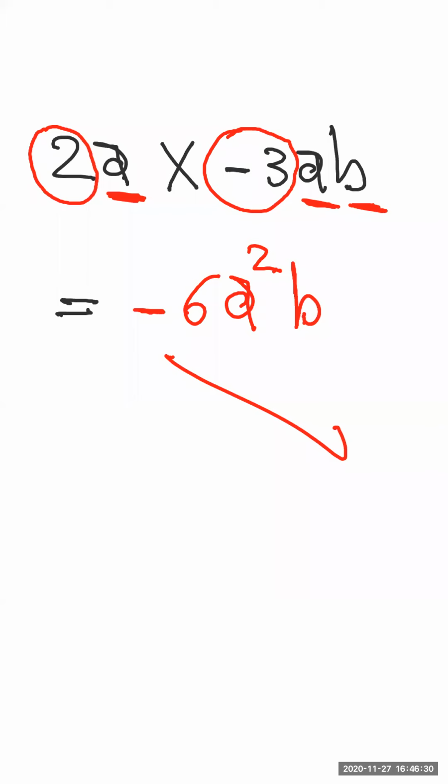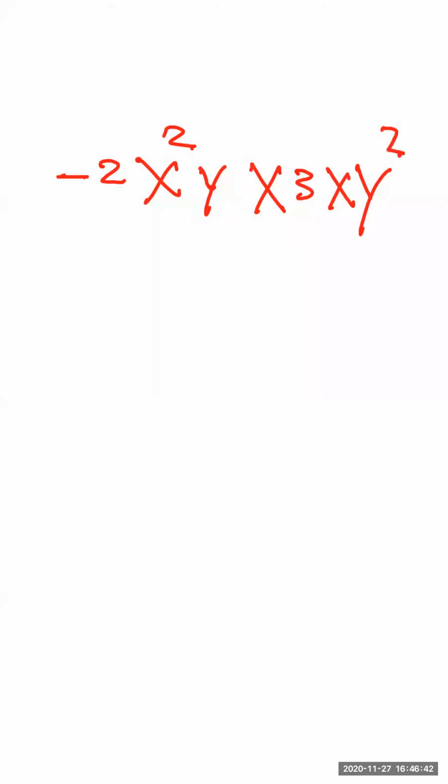Then the next question will be negative 2x squared y times 3xy squared. This one is times, so I will change its color so that we can differentiate between them.